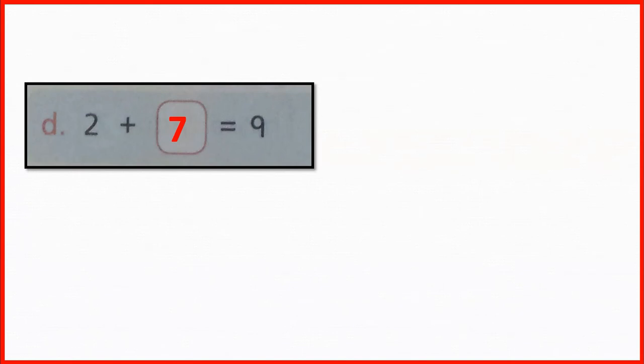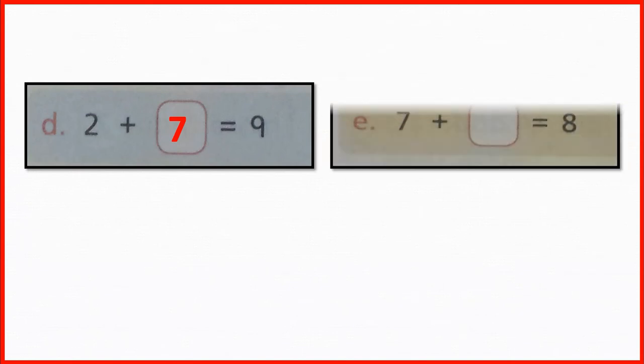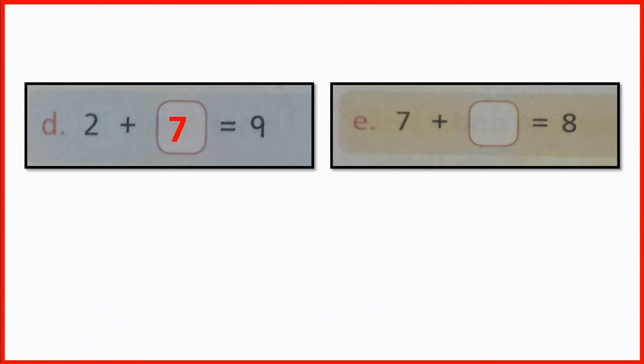The next one is, what should be added to 7 to get the answer 8? We should add 1 to 7 to get the answer 8. And we can say 7 plus 1 equals 8.